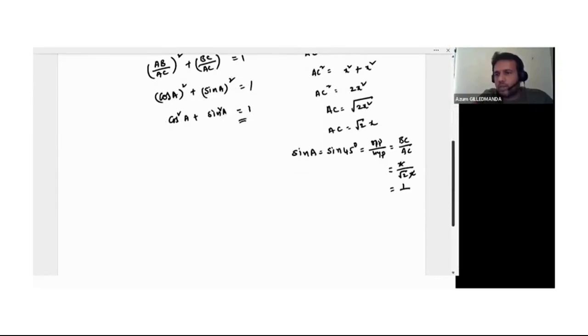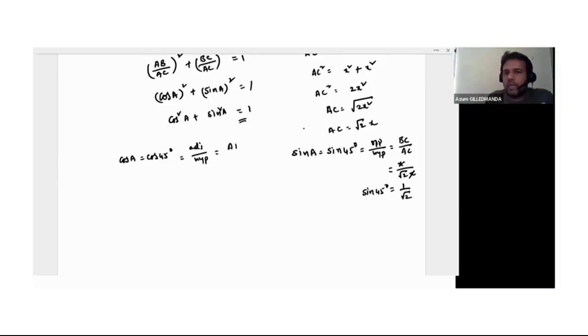So the value here is 1 by root 2. So sine 45 I got as 1 by root 2. How about cos A? A is 45 degrees. So cos 45 equals adjacent by hypotenuse. In that triangle, what is the adjacent side?